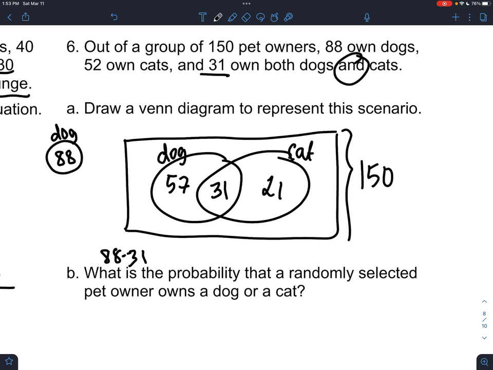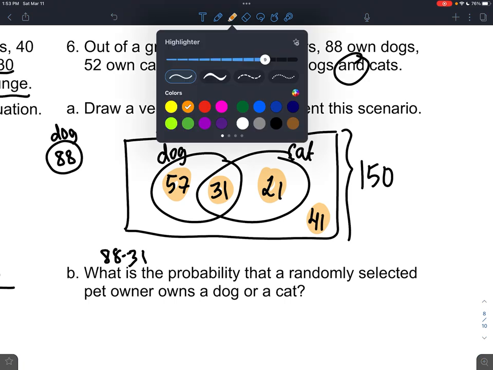And the cat bubble has to have 52. So this has to be 21. Okay. And if we add up all of those together, we get 109, which means we're 42 shy of the 150.